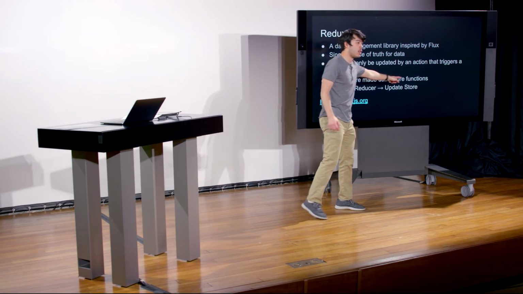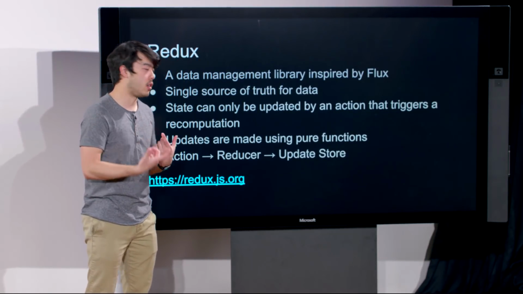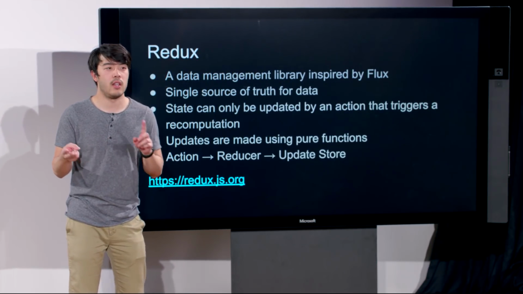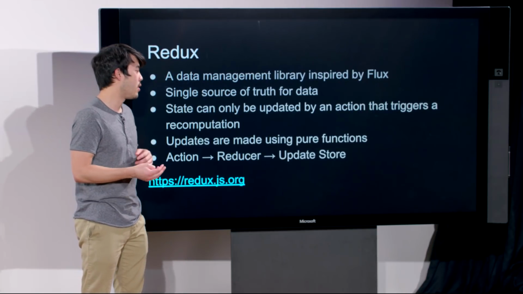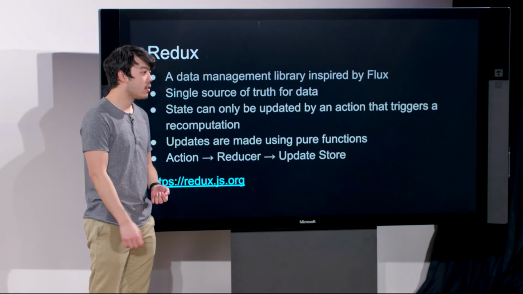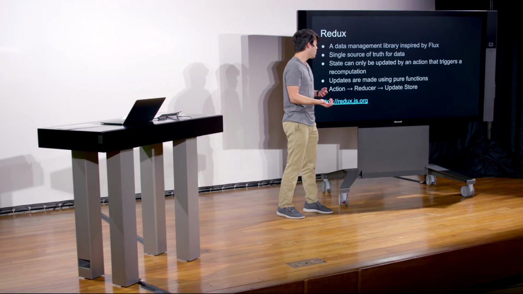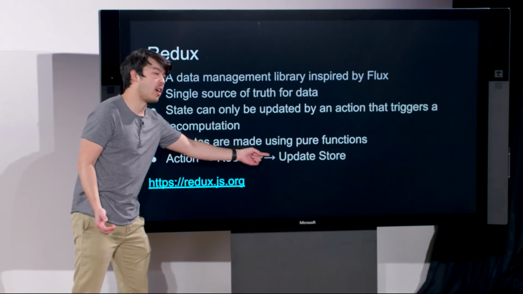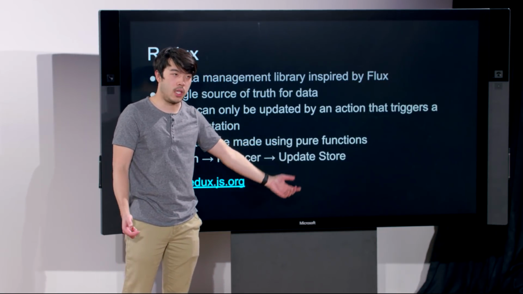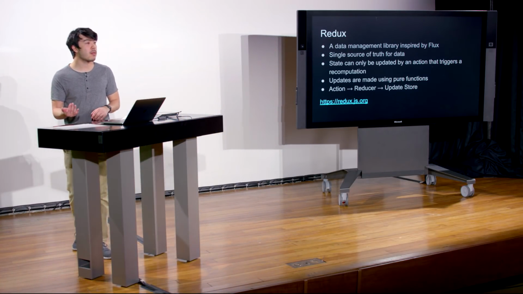Well, it's a pure function that takes the old state and some sort of payload or update, or action, I should say, and then goes ahead and does it. Did it do anything else? Did it console log? Did it change any variables outside its scope? Did it use anything outside of the arguments that it was passed? No, it didn't. It was just a pure function of the old state and the updates. And it has this pattern, right? We're sending actions that pass through the reducer, and they update our store. And so now we've pretty much implemented a simple Redux.